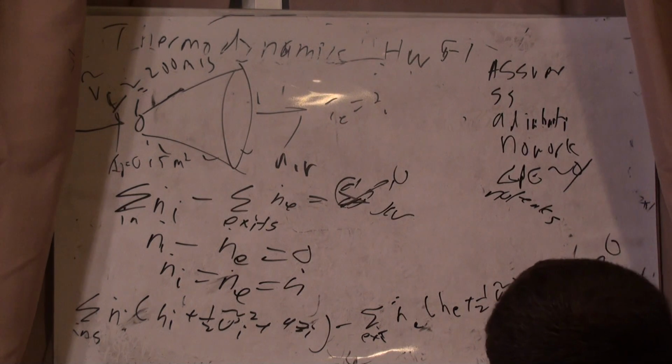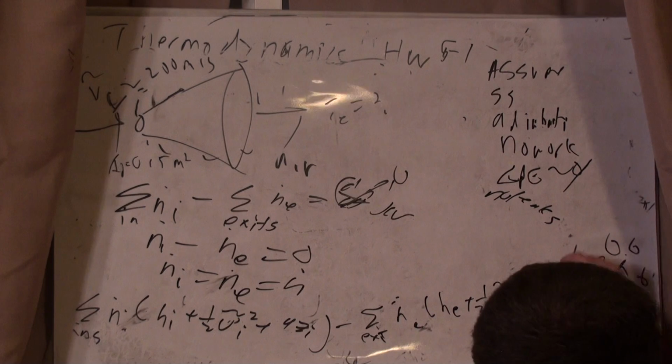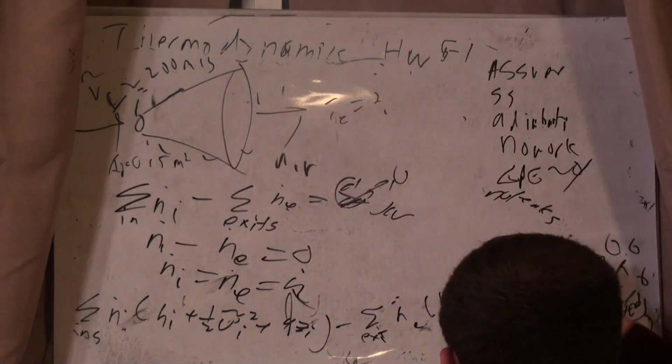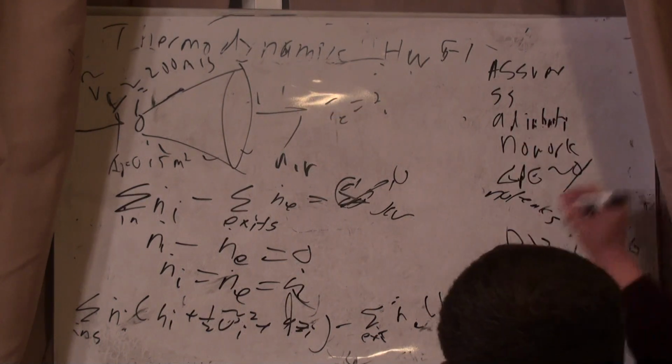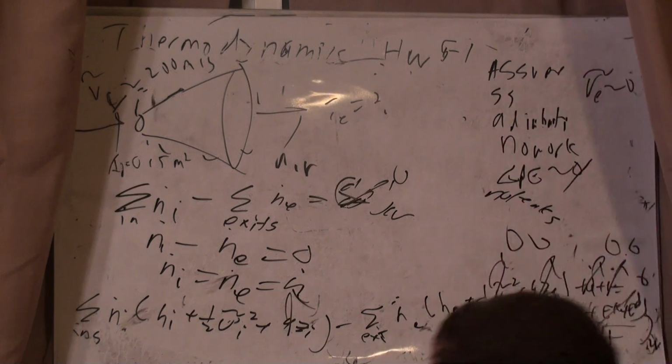The heat is pretty much 0 because it's adiabatic. The work is pretty much 0 because there is no work. There is no change in potential energy. And also we're going to assume that the velocity is negligible coming out. Okay, so vE is approximately 0.